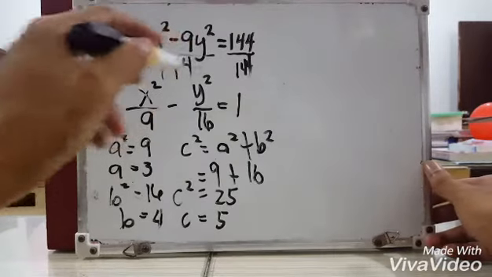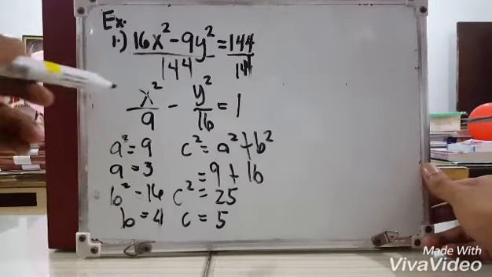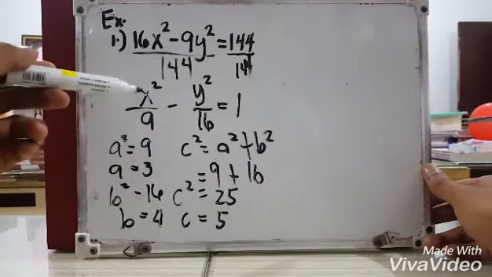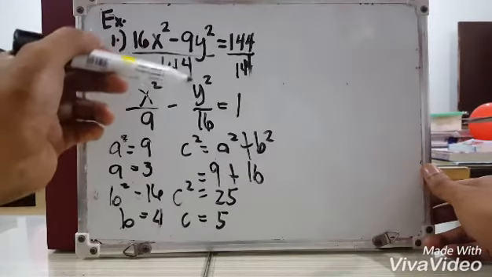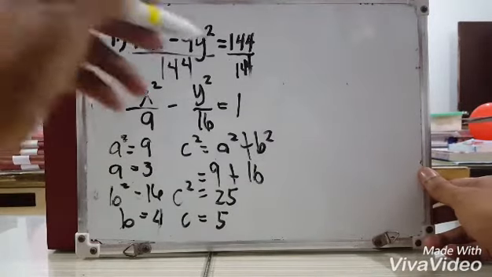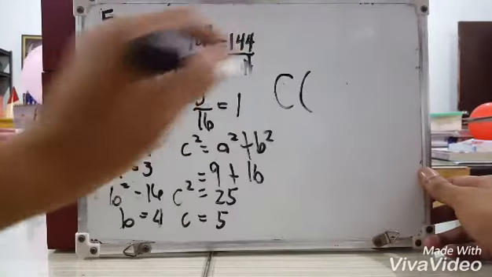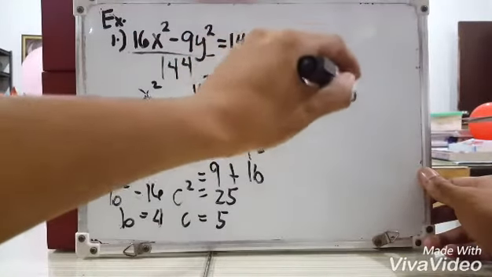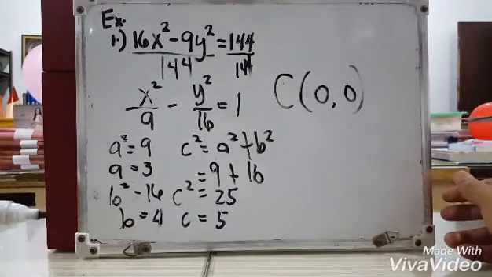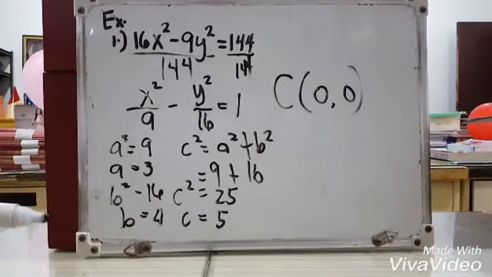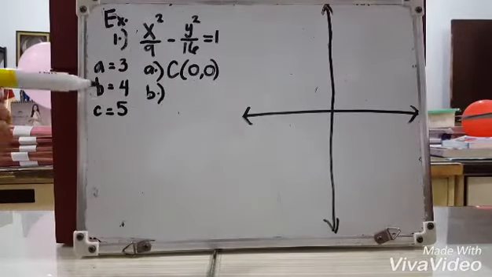From here, take note, this is the same as x minus 0 squared, and this is also y minus 0 squared. So our center will be at 0, 0. h is 0, and k is 0.